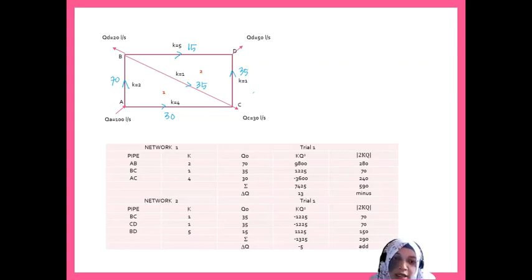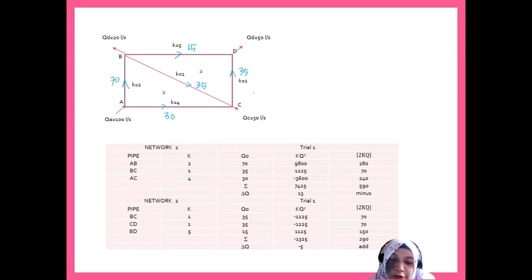And about K, 2 for AB, 1 for BC, for AC, and you can see in this network K is 1, 1, 5. And Q0, we can write 70, 35, 30, 35, 35, 15, and we can calculate the KQ squared and 2 times K times absolute Q.